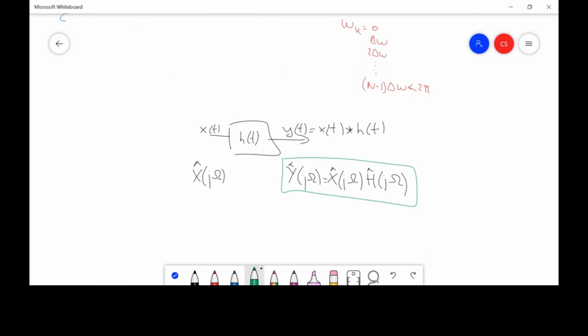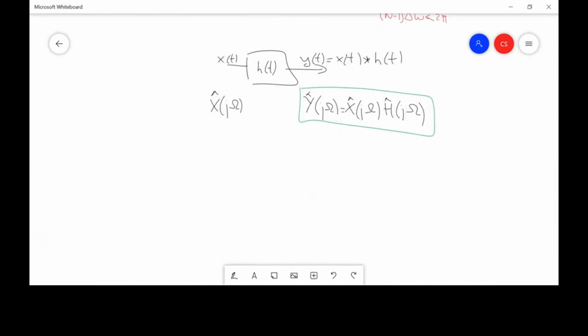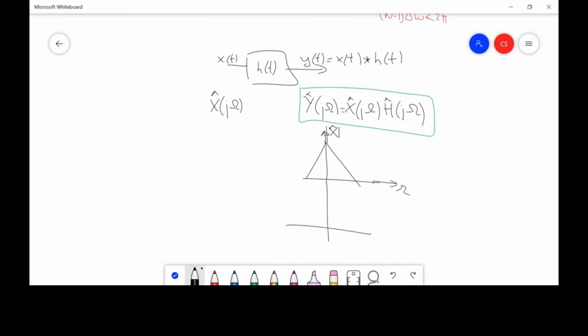So let's say that I have an input. This is my x, and this is omega. I have an input like this, but h is like this. It's a low pass filter.